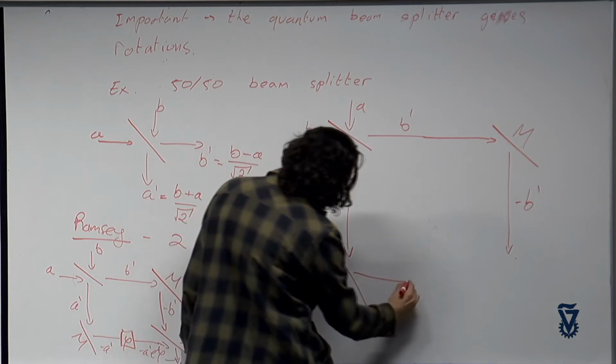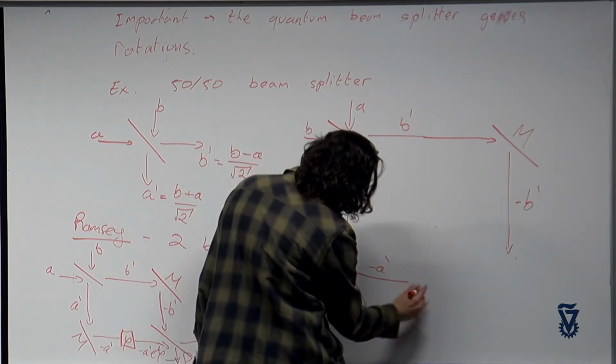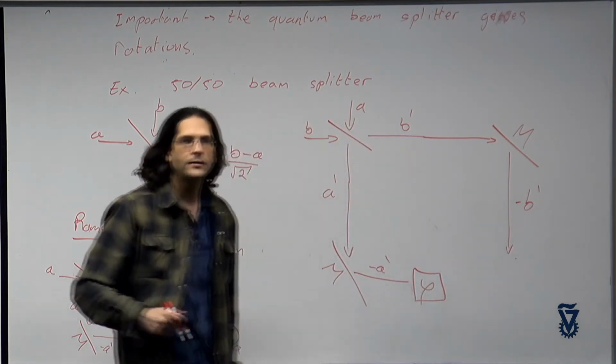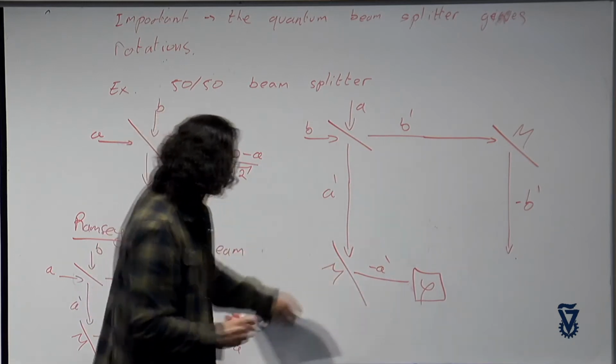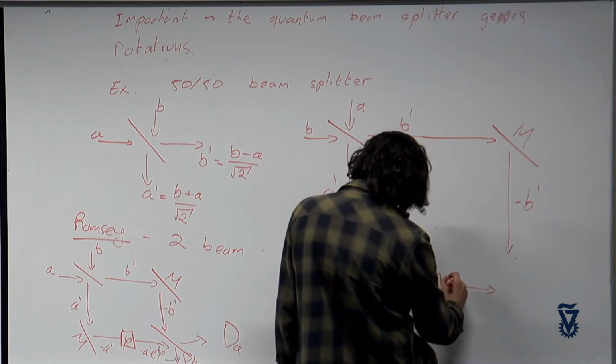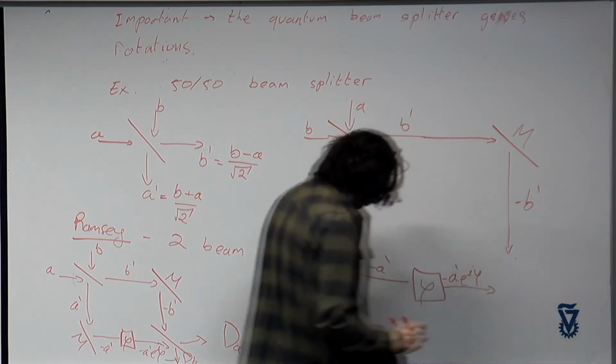Here we will get minus A prime, but we're adding here on the path a phase shifter, phi. So it's going to phase shift A by phi. So we're going to get minus A prime e to the i phi.